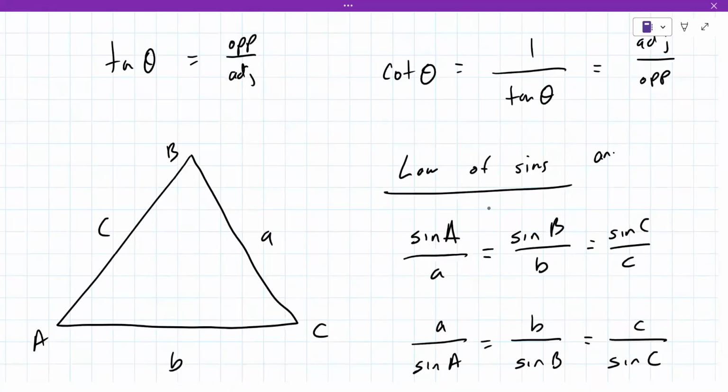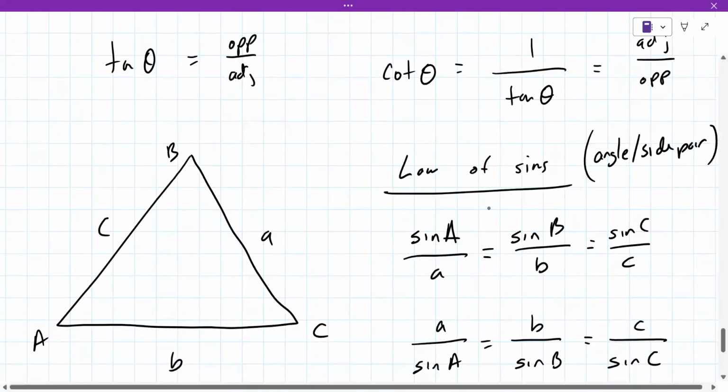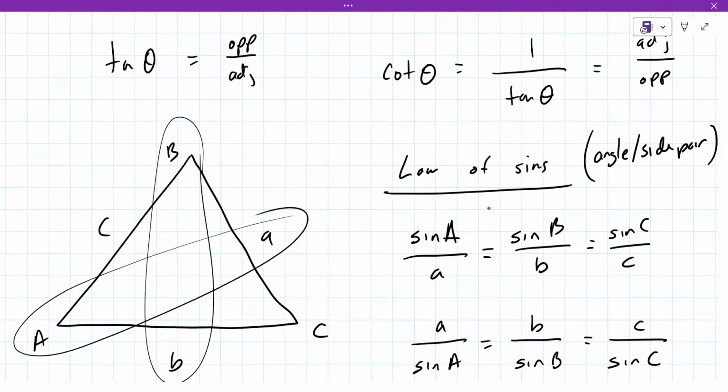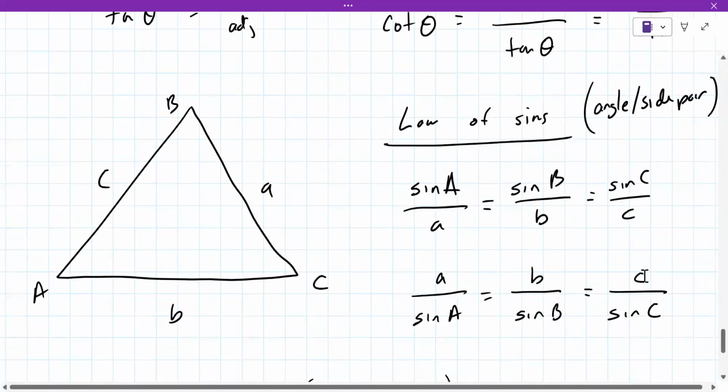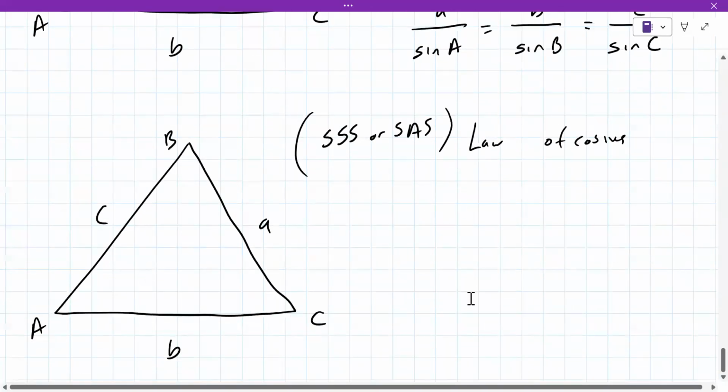It's when you have an angle side pair. Like imagine you have big A and little a, or you have big B and little b. That's what I mean by a pair. Whereas law of cosines, you use it when you have a side angle side or all three sides.